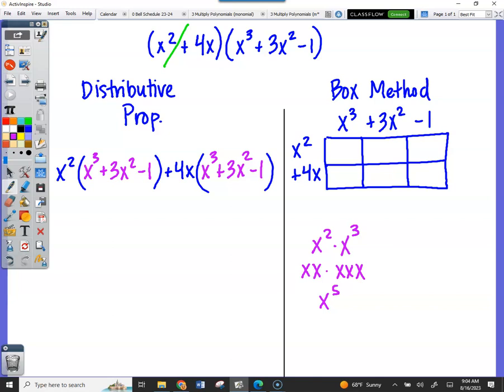Alright, since I've already made a mess over there, I'm going to do the distributive property over here. So it's going to 3 things, right? So x squared times x cubed is x to the fifth. X squared times 3x squared. What would that mean?